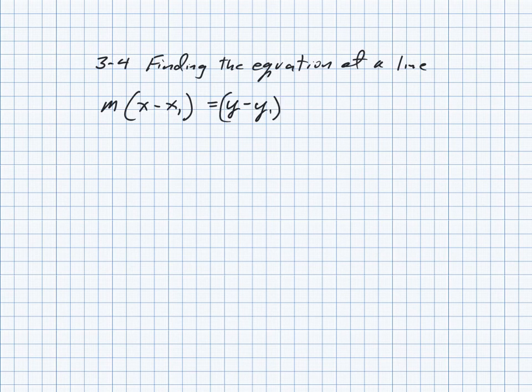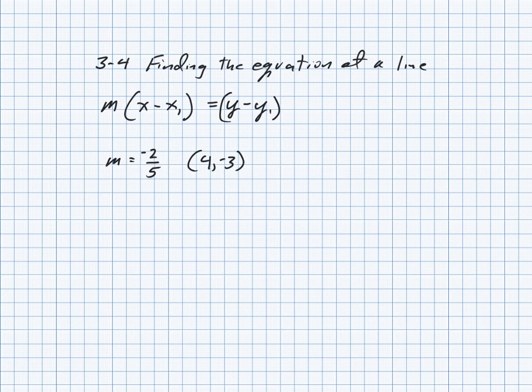An example would be if I have a slope of negative 2/5 and a point (4, -3). This is right off page 118, by the way.